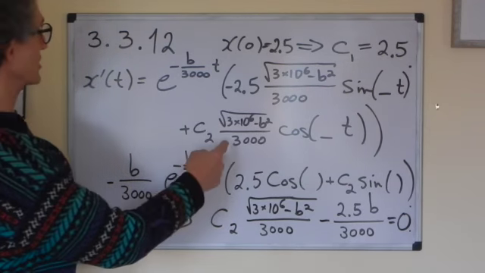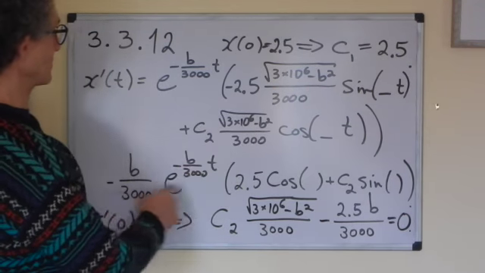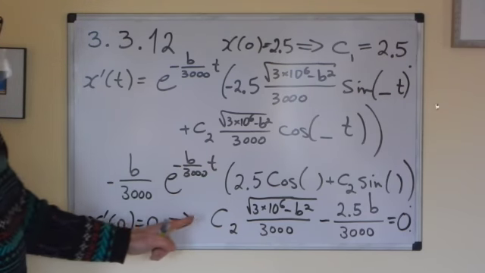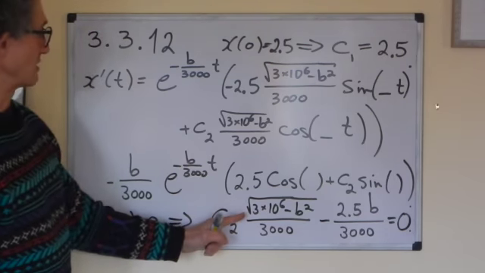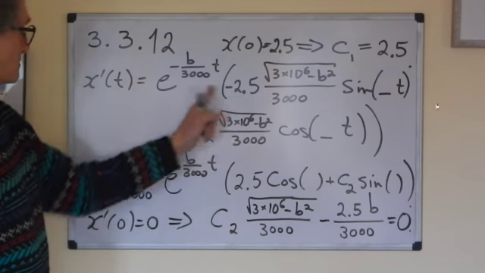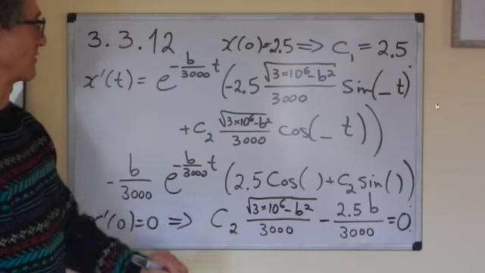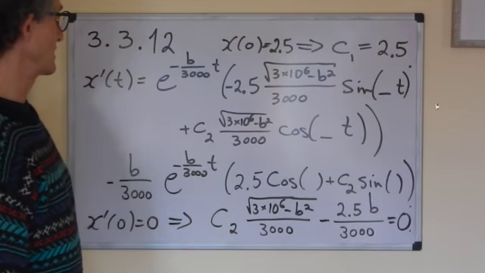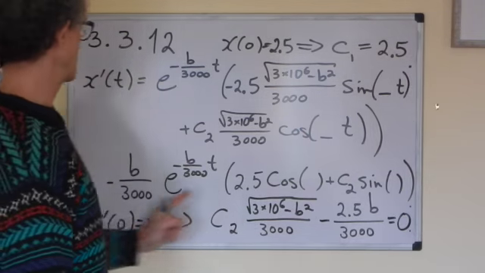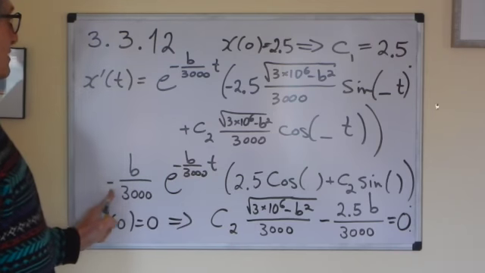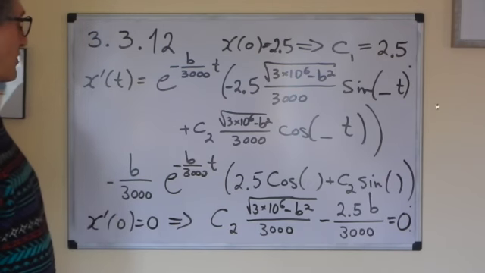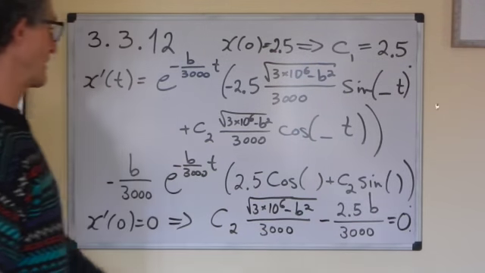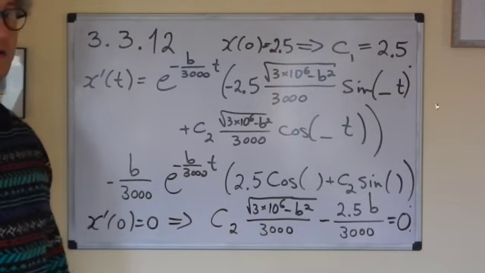And so the coefficients of the cosine terms have to be 0, which is saying that C2 times the quantity that's in front of t in the cosine and sine, minus 2.5 times b over 3000, is equal to 0. That determines C2, which I'll write down in a minute.